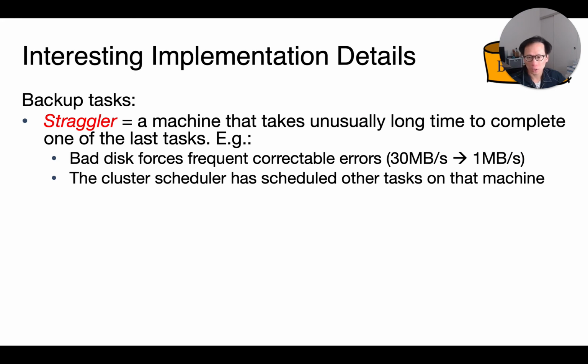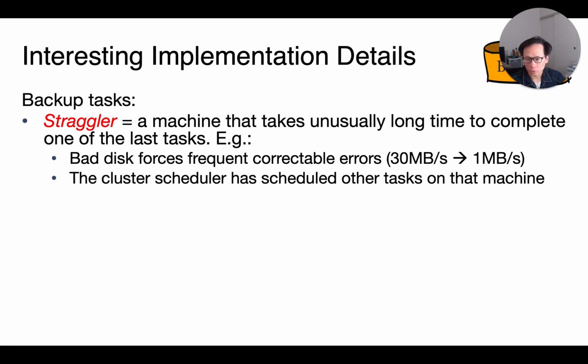Besides fault tolerance, one other interesting detail about MapReduce implementation is how it handles stragglers. A straggler is a worker or a machine that takes a very long time to complete its tasks relative to others. This, for instance, can be due to faulty hardware or too many workers assigned to a given machine.